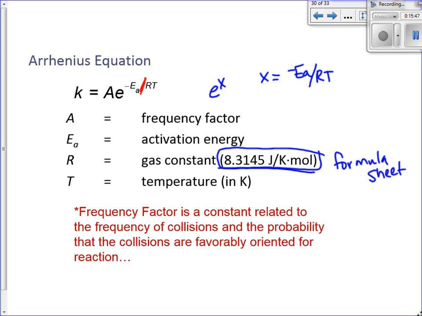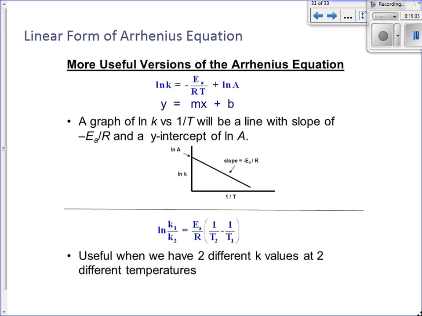Now, this version of the equation is a little weird to work with, so we do put it in linear form to make it easier to look at and adjust to. The linear form is shown on your chart down below here.